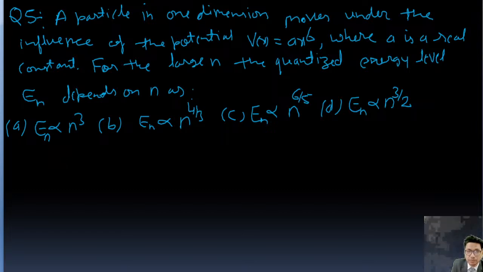We have been given V(x) equal to A x to the power 6. Here we'll check the power of x. I'm telling you the trick. So here V(x) is given as A x to the power 6, which means we check the power of x.